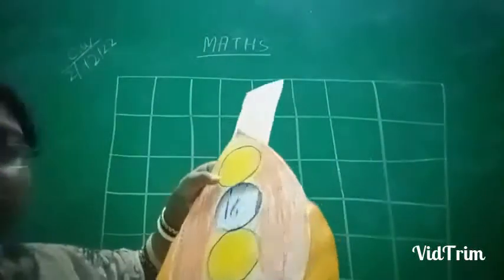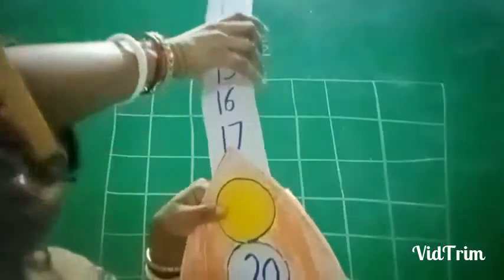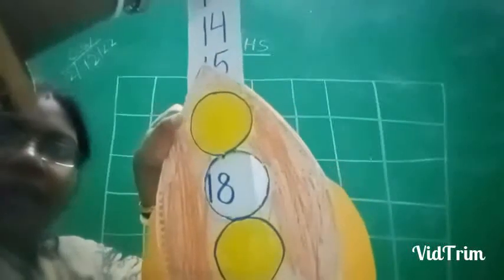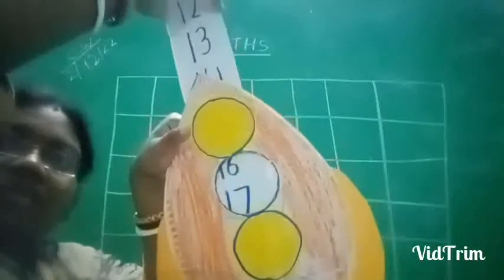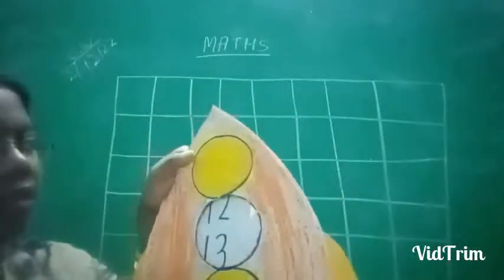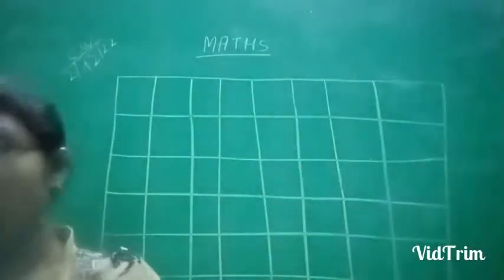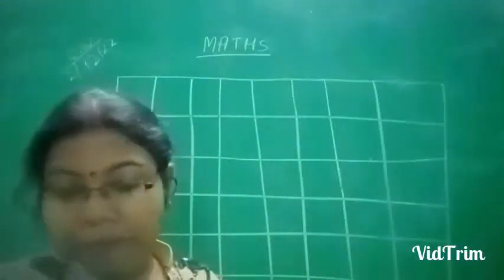In this rocket we are going up like this. When we are coming down, 20, 19, 18, 17, 16, 15, 14, 13, 12, 11. Okay, we are counting the numbers backwards.